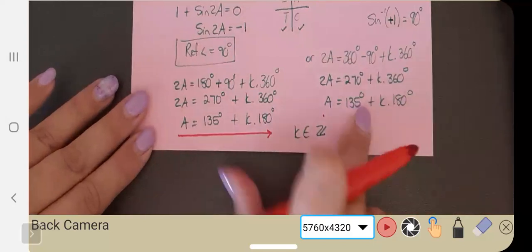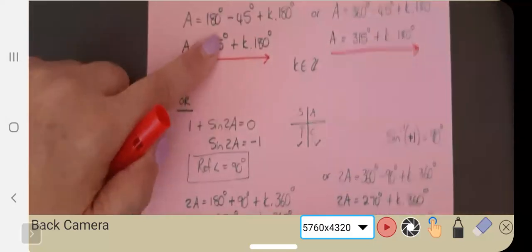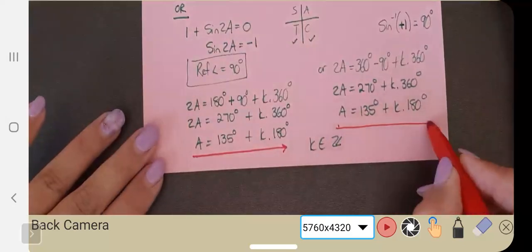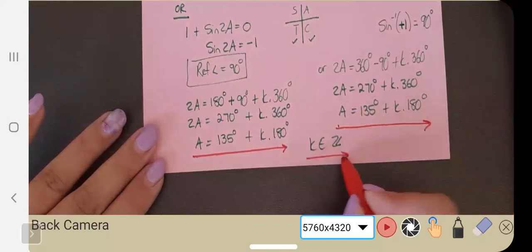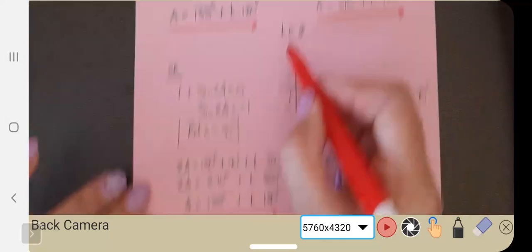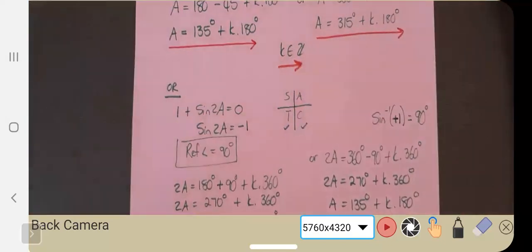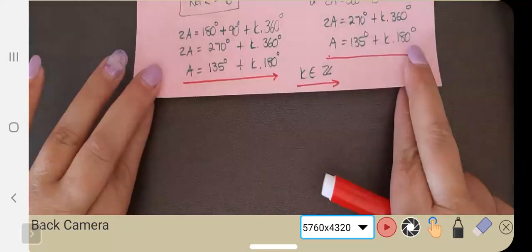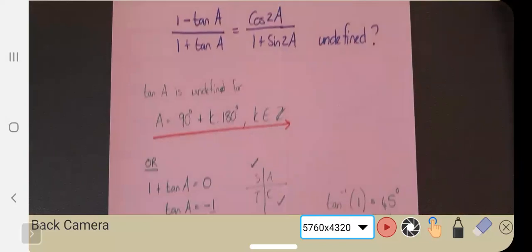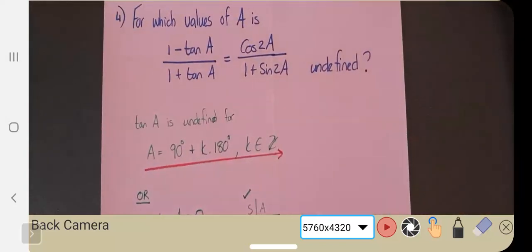These two are the same as that one. So they are my final answers for where that identity is undefined.